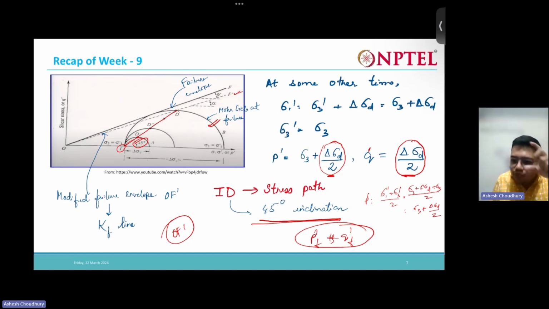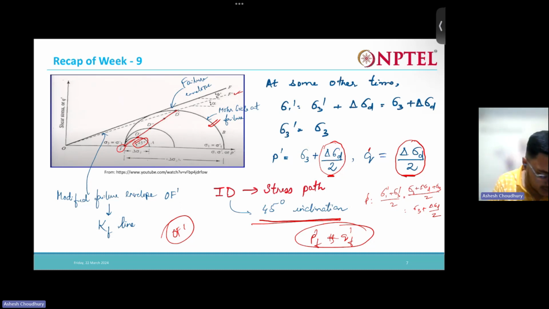For any particular test, as you keep on increasing the deviatoric stress or the axial load over the sample, how is your test actually progressing?